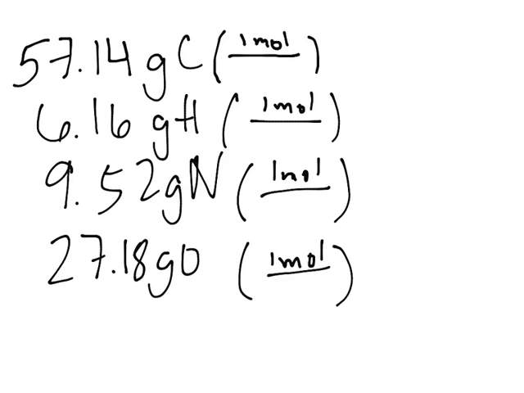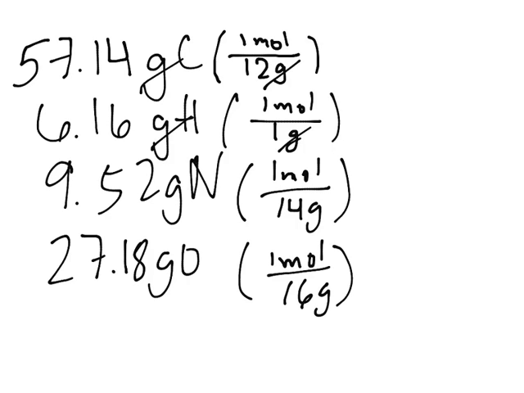So carbon would be about 12 grams, hydrogen about 1 gram, nitrogen 14 grams, and oxygen 15.9 or 16 grams. So the grams cancel out and we end up with moles of oxygen, nitrogen, hydrogen, and carbon.